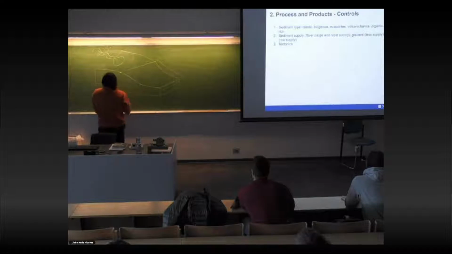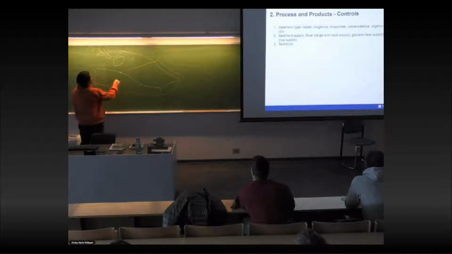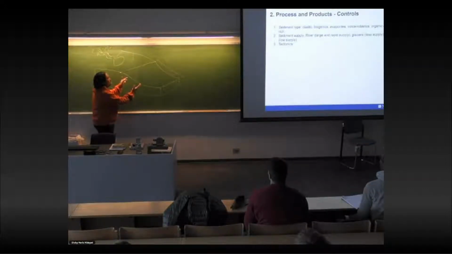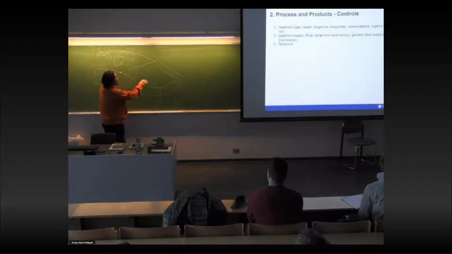Tectonics, yeah. If you have subsidence in this part or you have uplift in this part, it can influence the process and product. For instance, if you have uplift in this part, then the physiography of the seafloor will be high.